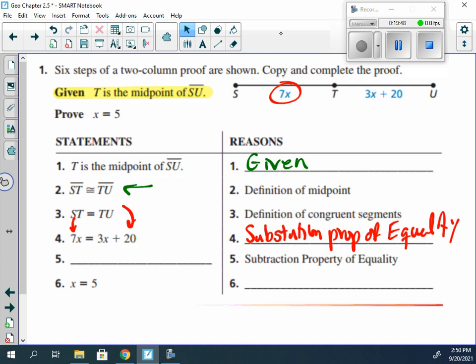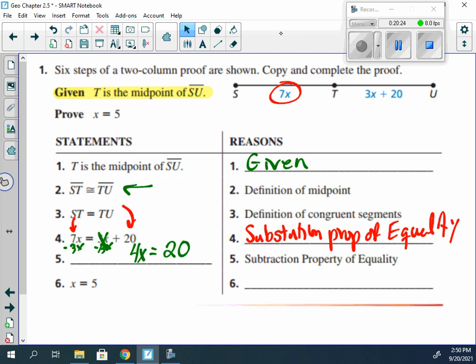Now, what do we think we're going to do next? Subtraction. We're going to subtract, yes? Because the property they told us that's going to happen next is the subtraction property of equality. So what can we subtract from both sides? We can subtract the 3x, because 3x minus 3x will be 0. So that leaves us with 20. What is 7x minus 3x?